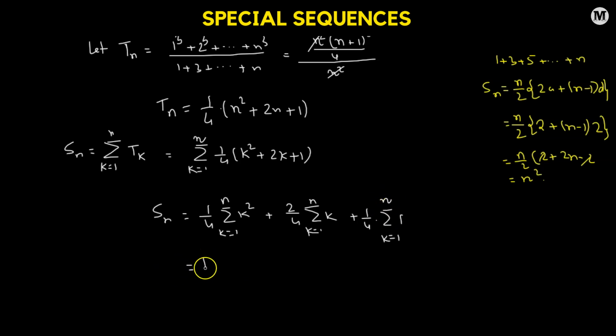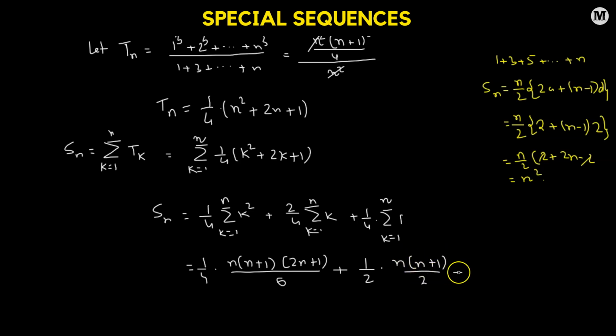So that will be equal to 1 over 4 times, for the summation of k squared, the standard formula n times n plus 1 multiplied by 2n plus 1, whole divided by 6, added to 2 over 4, that's simply 1 half, multiplied by the summation of k, which is n times n plus 1 divided by 2, added to 1 over 4 multiplied by the summation of 1, which is simply 1 added to itself n number of times, so 1 times n, or n.